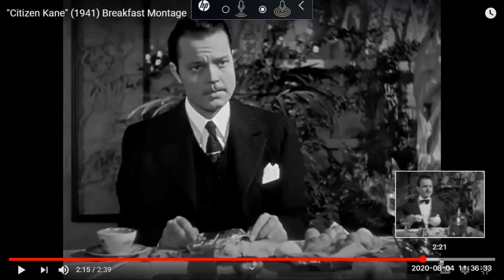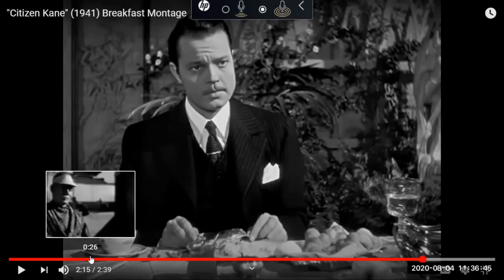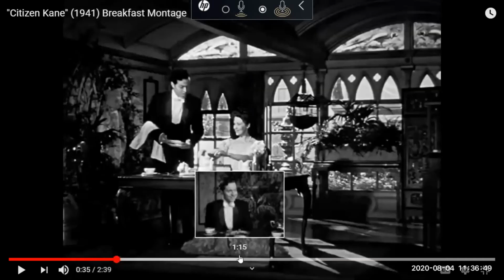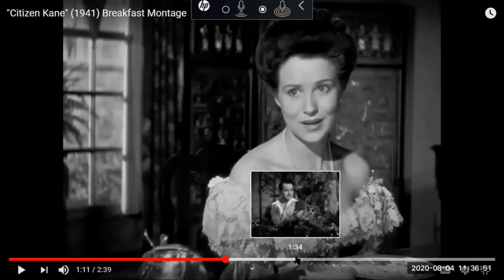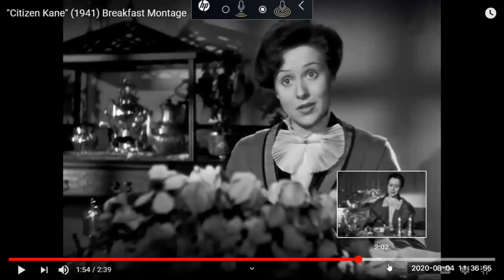from a 1941 film. It shows how these two people have changed, and how their relationship is changing over a period of time. This montage shows that they are still sitting at the dining table from this point to this point. You can see that her look is changing and his look is also changing.